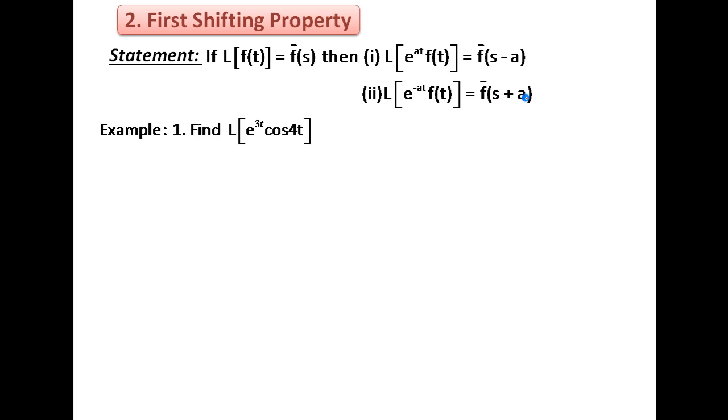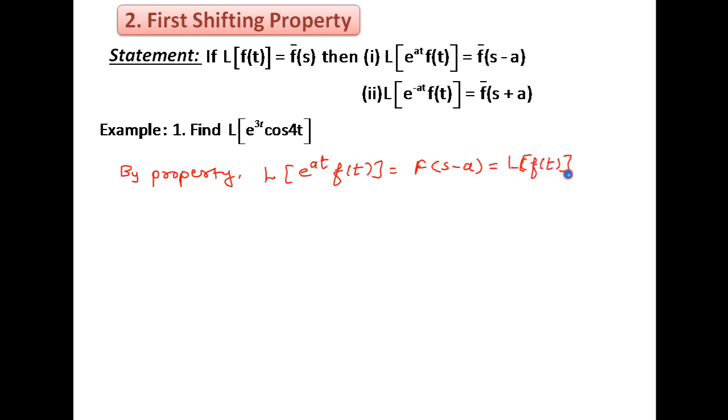So let's solve an example on it. This is our example where we have to find the Laplace of e to the power 3t into cos 4t. So here by property we can write Laplace of e to the power at into f of t is equal to F of s minus a, that is Laplace of f of t, where we have to replace s by s minus a.